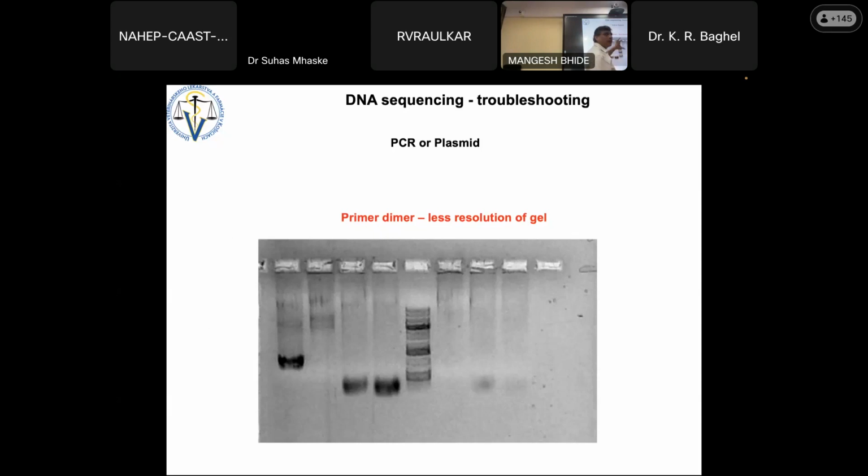Because of the ladder, I know what is what, and the dimer looks like 400 base pair, but unfortunately this is a dimer, and it comes up just because there is no resolution.